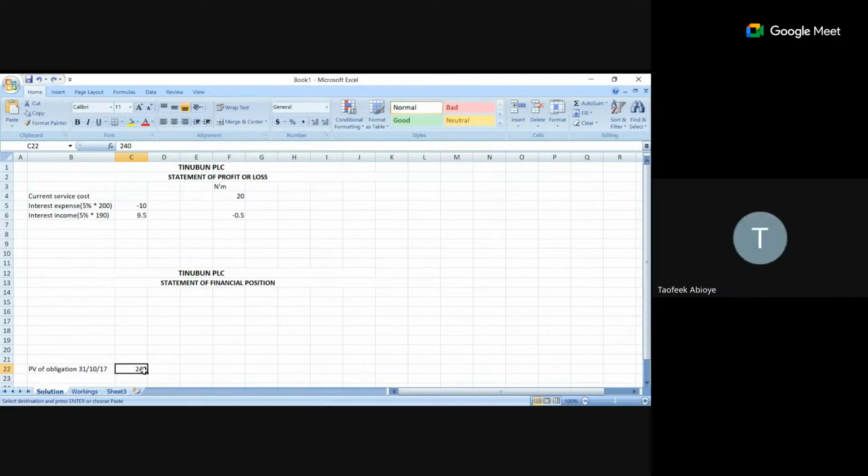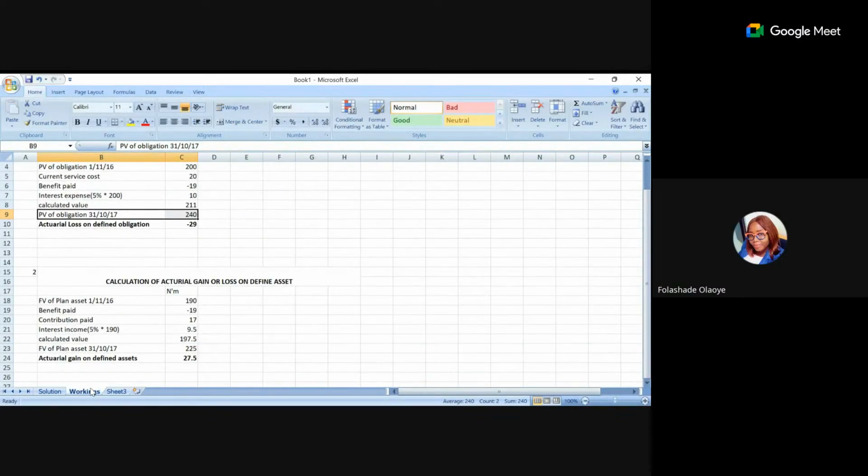And the plan asset, how much is it? The fair value of plan asset at the end is 225. So we are going to report it.